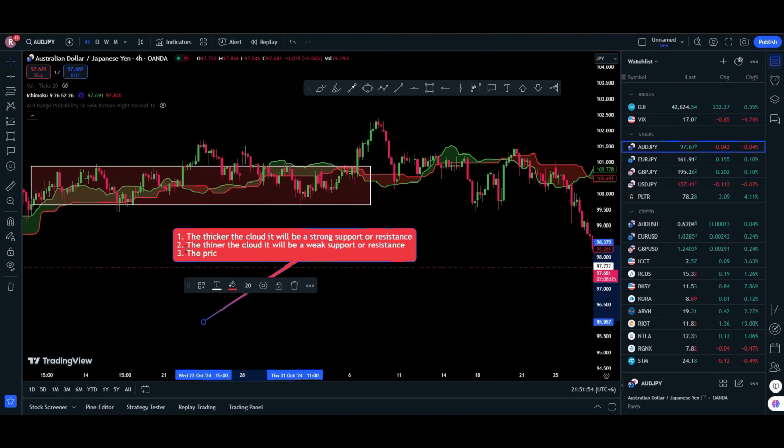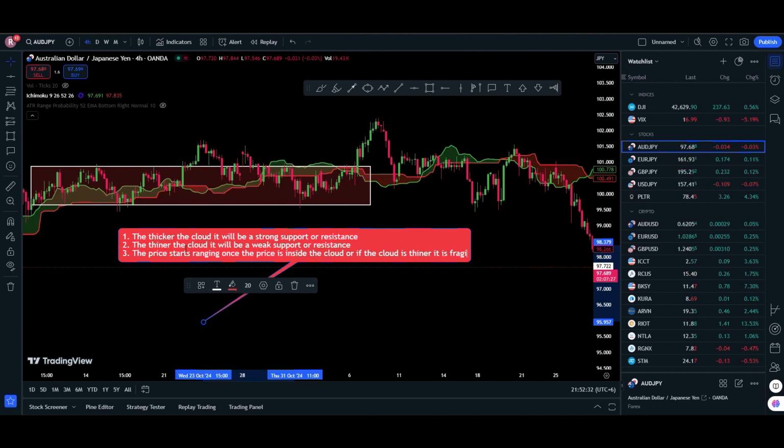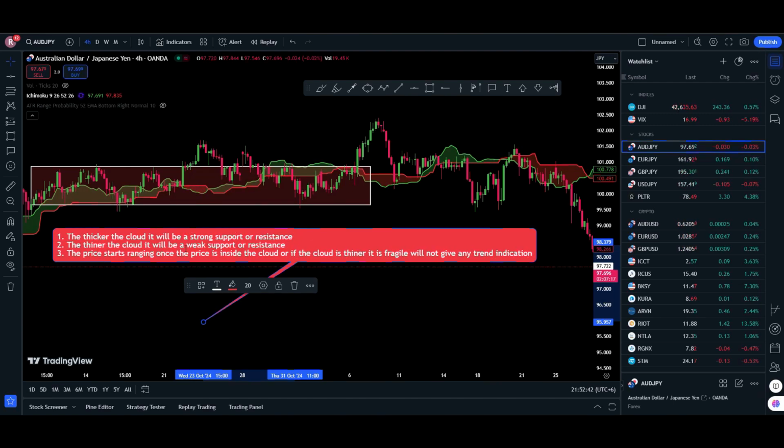And the price starts ranging once the price is inside the cloud, or if the cloud is thinner, it is fragile and will not give any trend indication. So these three things we have to keep in mind.